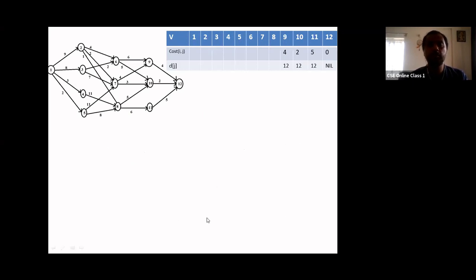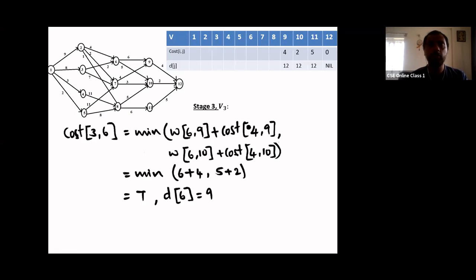Then once we complete stage 4, we move to stage 3, and we find the values in a similar way. Here, whenever you have more than one outgoing edge from a vertex, we choose the best one, the least cost one.